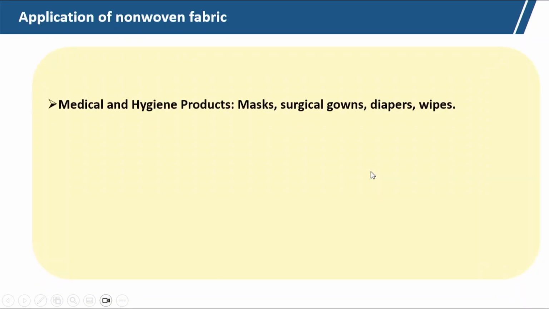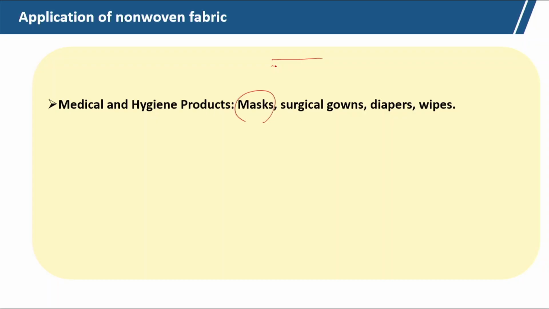The applications are enormous, a very wide range of applications are there in nonwoven fabric. In medical and hygiene area, the mask is there and surgical gown, drapes, wipes. For mask we need multi-layer nonwoven, like needle punch, melt blown combination.